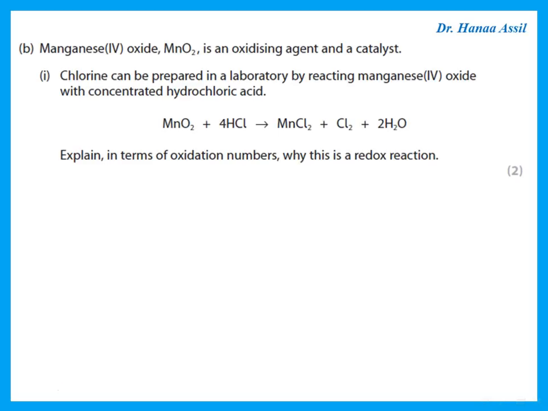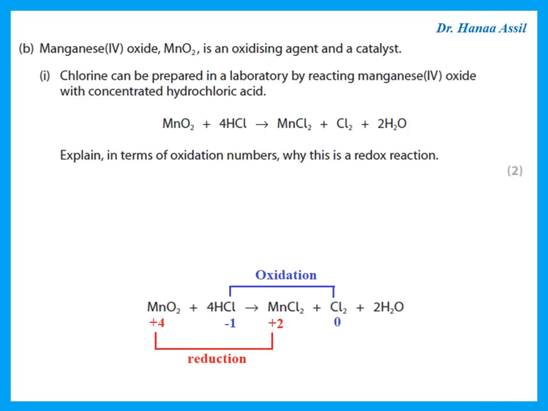Manganese oxide is an oxidizing agent and a catalyst. Chlorine can be prepared in a laboratory by reacting manganese oxide with concentrated hydrochloric acid. Explain in terms of oxidation numbers why this is a redox. Okay, what's happening to the manganese? The manganese is changing from +4 to +2, so that is reduction.